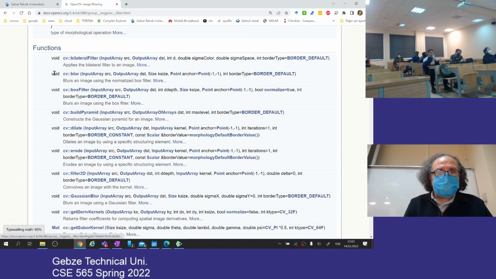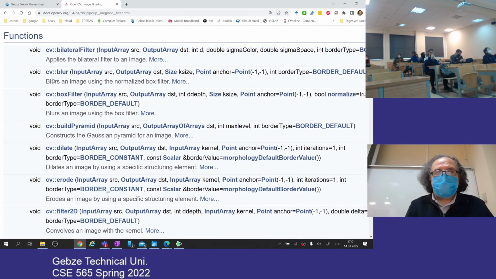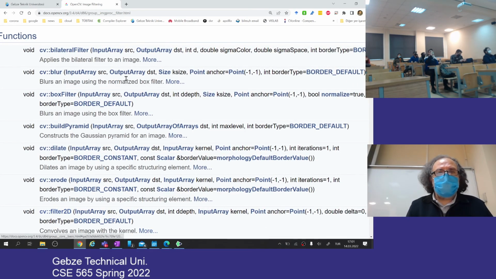I'm going to skip this. For example, this function blur, okay, it takes your input image, it takes your output image, and it takes a kernel size, what kind of size I am going to do. And for the border, what am I going to do? I mean, am I going to do this zero padding, or the reflection, or the wraparound, and etc.? And this will blur your image.